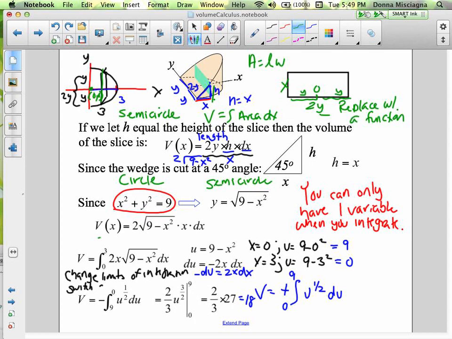This equation right here that I just underlined is exactly the same as the one above it, the 2y times the h times the dx, except our h is x. Our 2 stays. Our y is the function, the square root of 9 minus x squared, and we're integrating with respect to x, so it's dx.